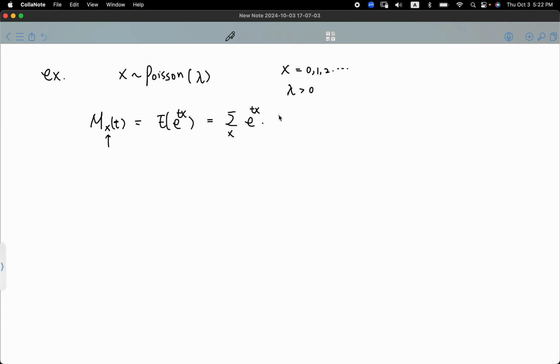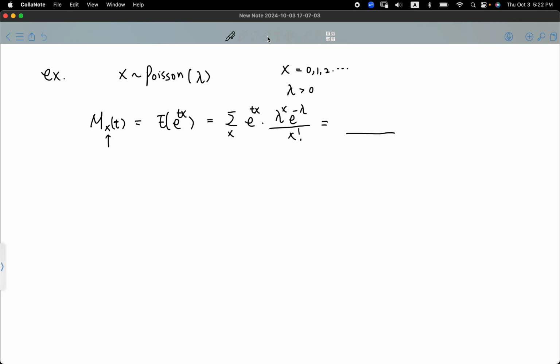From our first lecture, it is lambda raised to the power of x, times e raised to the power of negative lambda, divided by x factorial.